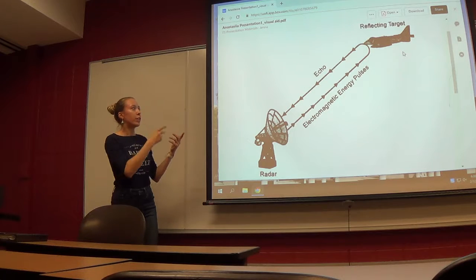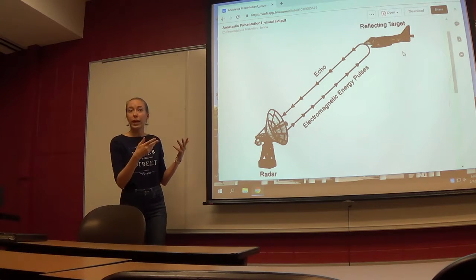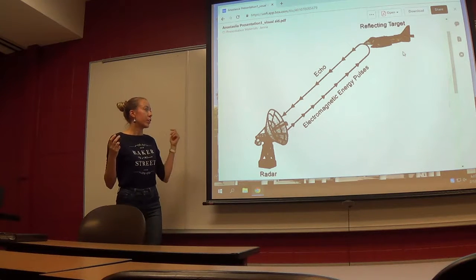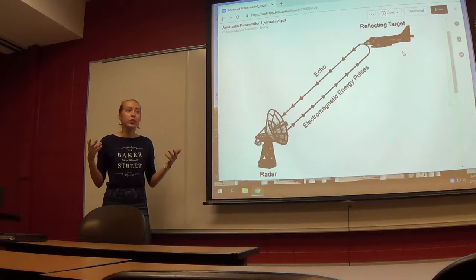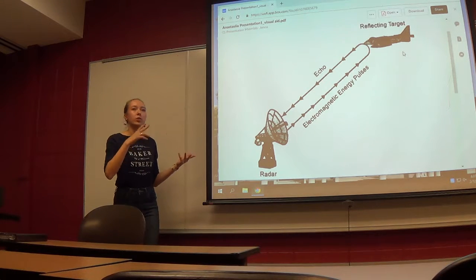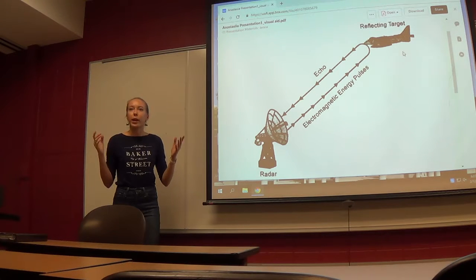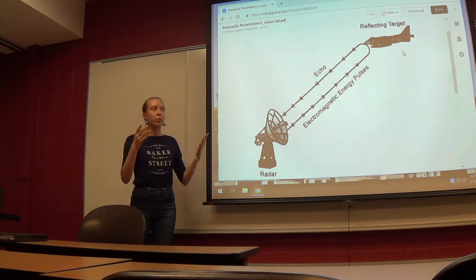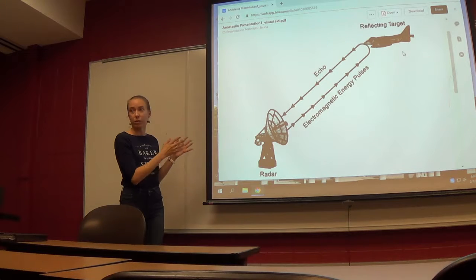In addition to the distance, we may also want to know if the target is moving or not, and if yes, then what its velocity is. In this case, the antenna sends what we call a continuous wave signal. A continuous wave is just a sinusoidal signal with a certain frequency, and here frequency is the main parameter that describes the signal. The procedure is the same. We send the signal, take it back, and here something interesting happens.